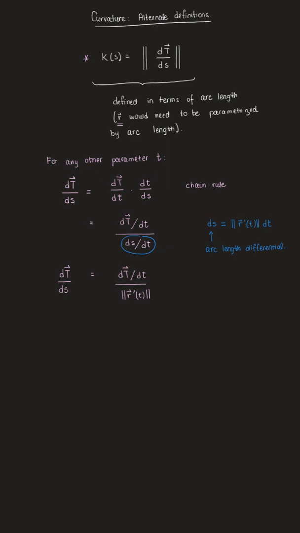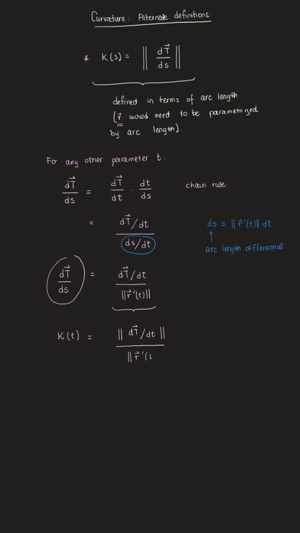But recall that curvature, now I'm going to write it in terms of t, is actually the magnitude of dT/ds. So I'm going to take the magnitude of this expression. So in the numerator, we're going to have the magnitude of dT with respect to t, the derivative of our unit tangent with respect to t. In the denominator, we already have a magnitude, so I don't need to rewrite another magnitude.